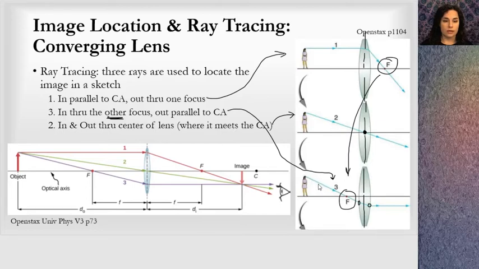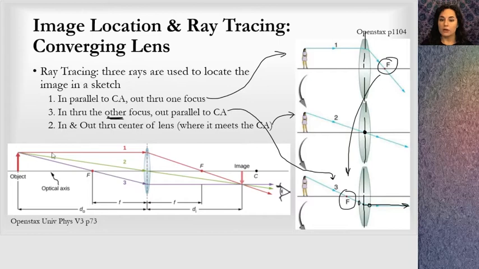So you send the light in through the focus, it hits midway through that lens, and it will go out parallel. So it is sort of the opposite of the first one. That goes in parallel, out through the focus. This goes in through the focus and out parallel, but it's through the other focus. Make sure you're using the two different foci here.